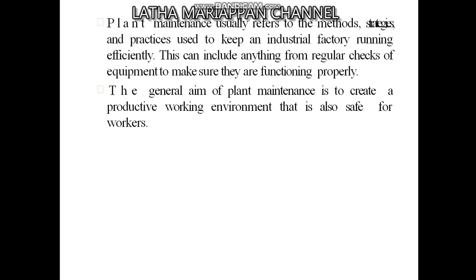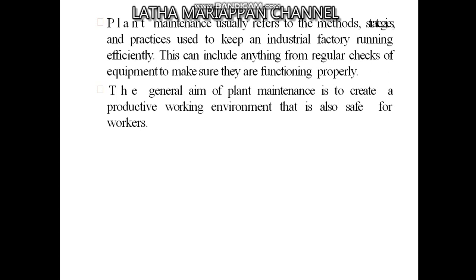Plant maintenance usually refers to the methods, strategies and practices used to keep an industrial factory running efficiently. This can include anything from regular checks of equipment to make sure they are functioning properly. In general, the aim of plant maintenance is to create a productive working environment that is also safe for workers, so they will get job satisfaction if everything works properly.